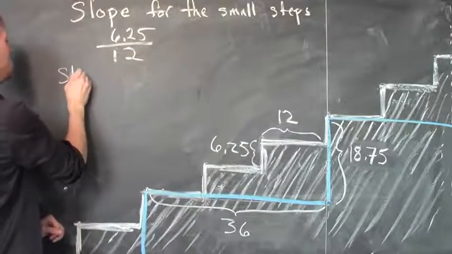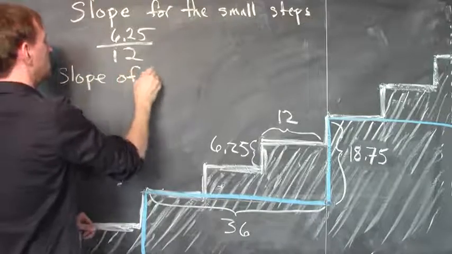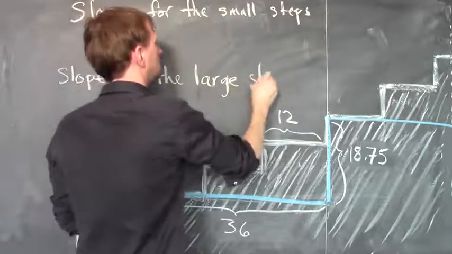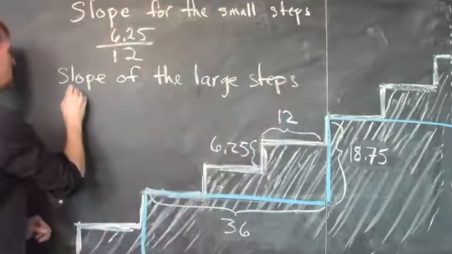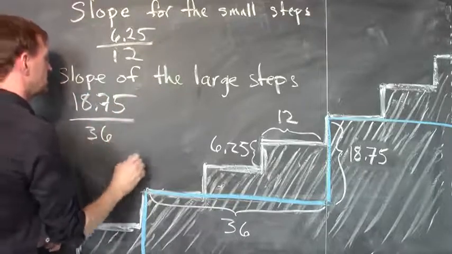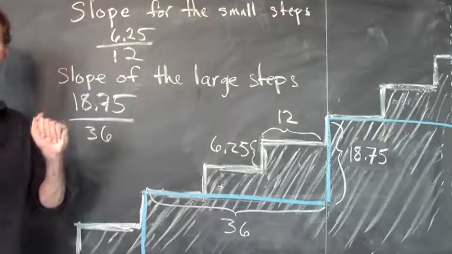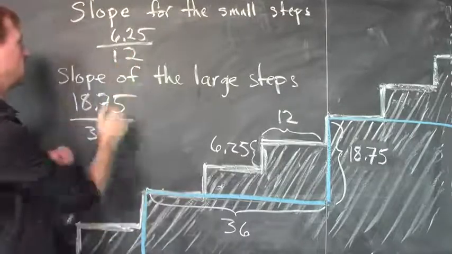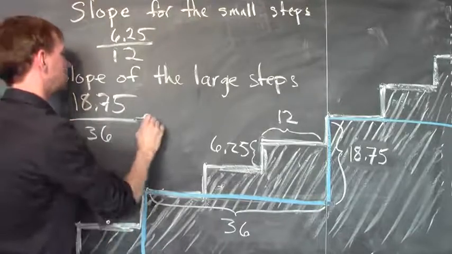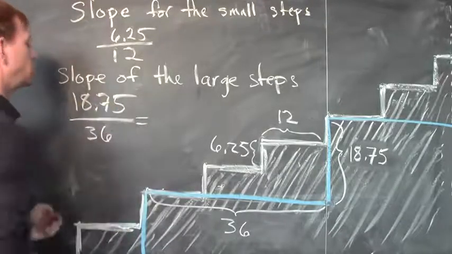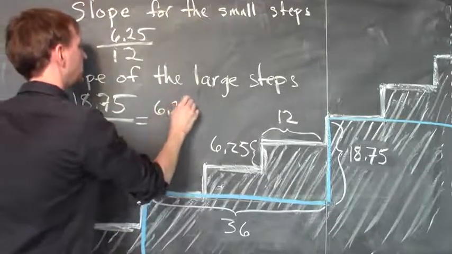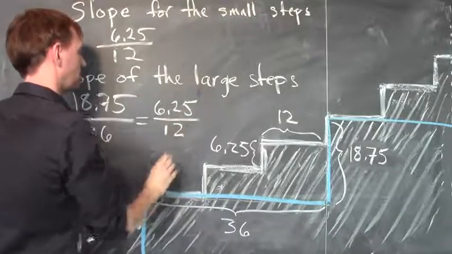So the slope of the large steps is 18.75 all over 36. These two slopes are the same because we can reduce this fraction by dividing the numerator by 3 and dividing the denominator by 3. We get 6.25 over 12.